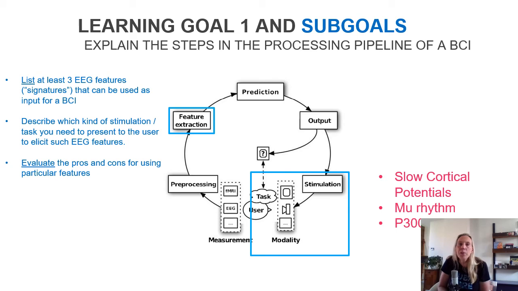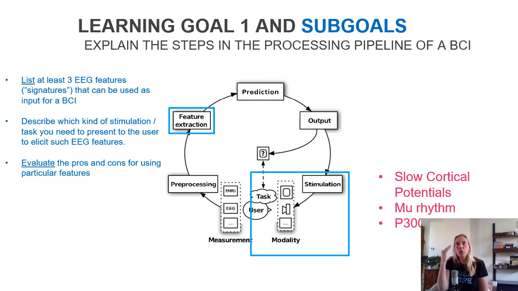Okay, so now we've looked at 4 different EEG features: slow cortical potentials, the sensorimotor rhythms being divided in the mu rhythm and the beta rhythm, the P300 event-related potential, and you could use emotional information. We've also looked at ways of stimulating, or the tasks that you need for a participant to do this. For example, to prepare yourself for a traffic light.